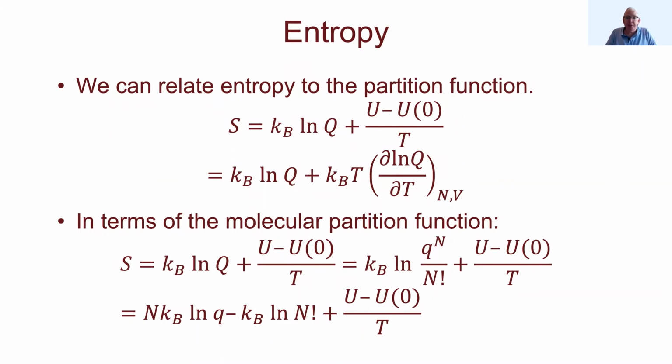We want to take this entropy definition and connect it up with the partition function. The partition function can be related to that statistical weight, and so we can work with this from there. What I've done here is I've just grabbed a couple of equations. My Q, the uppercase Q partition function, is going to go in this equation here. My U's there are internal energies. U0 is just the internal energy of the ground, or the lowest energy state, which we've been taking as 0 throughout, and we could in fact continue to do that.